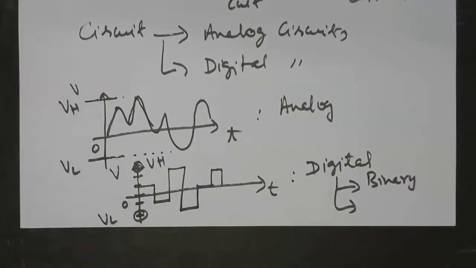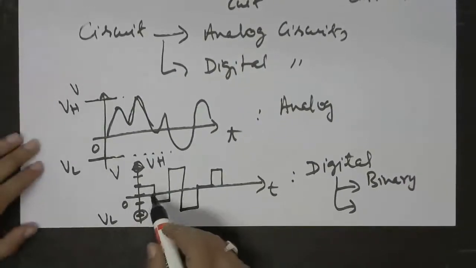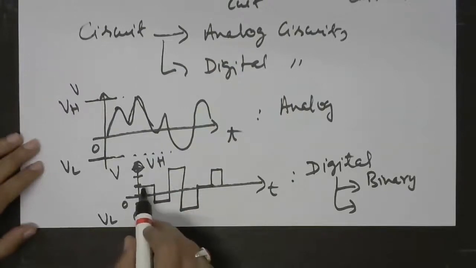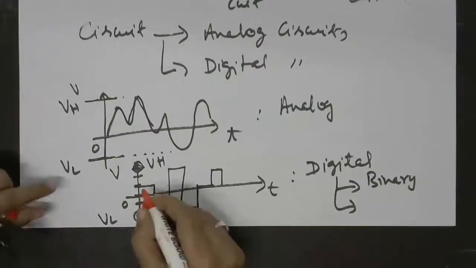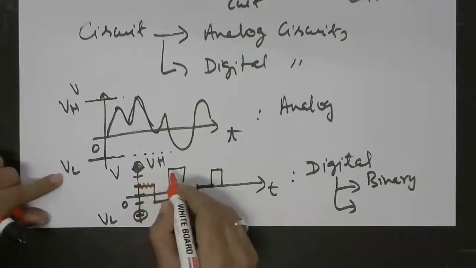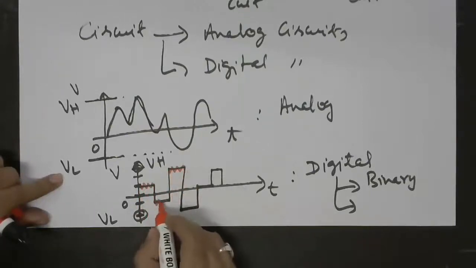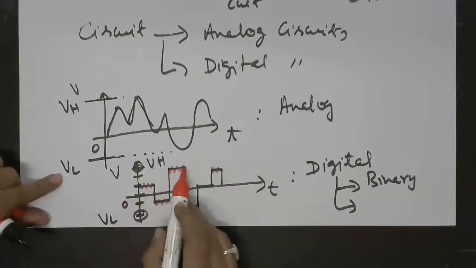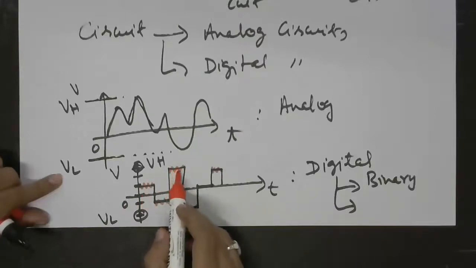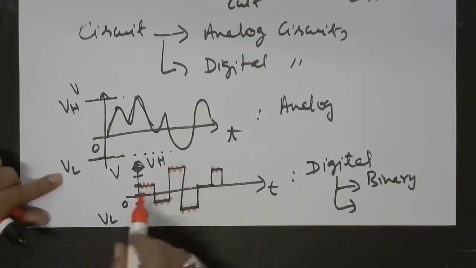And the reason is that these signals can tolerate what is called noise. That means suppose you have this digital signal and then noise gets added to it like this. So instead of having a smooth high value, it has a fluctuating value, which of course fluctuates over a small range.